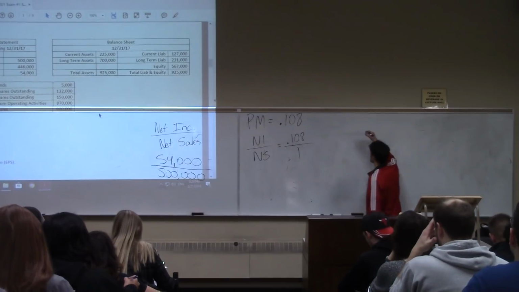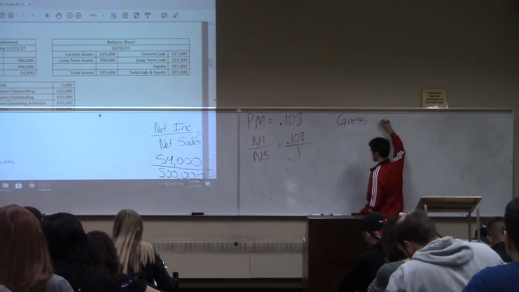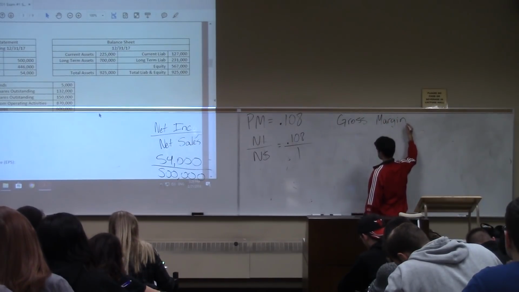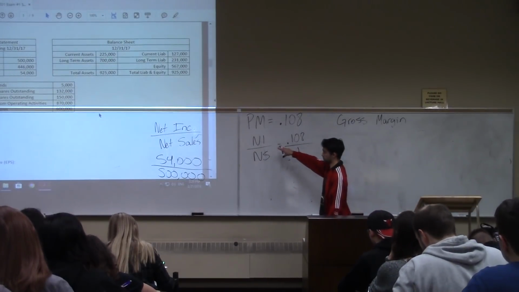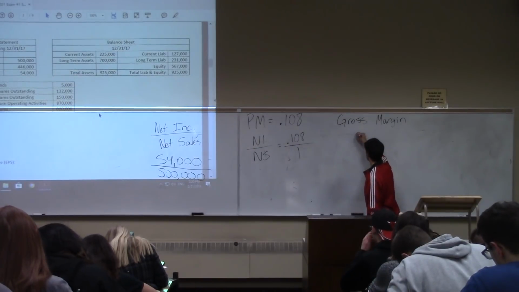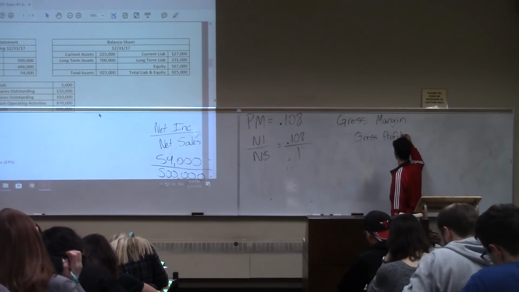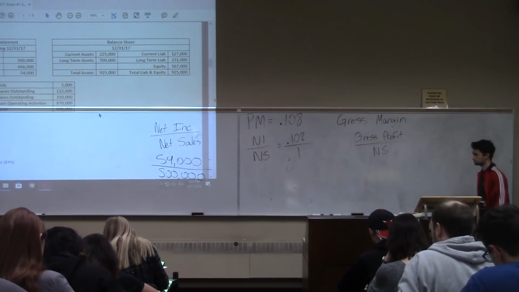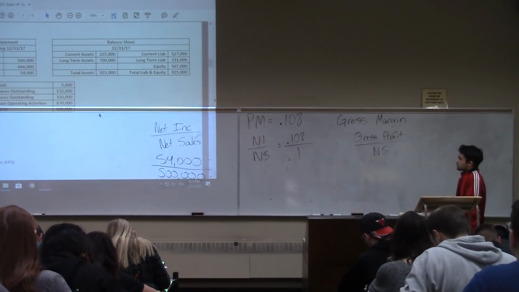We also learned in class today about the gross margin. The gross margin is fairly similar to the profit margin equation. We just take our gross profit divided by net sales. Now in this problem, we don't have a gross profit.